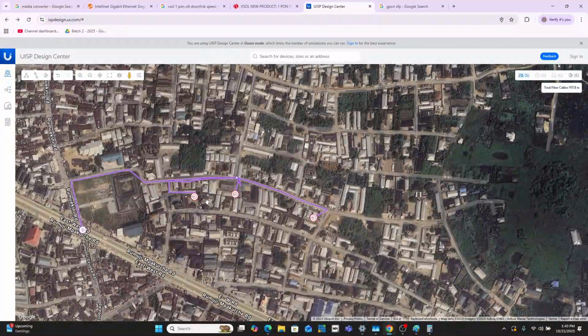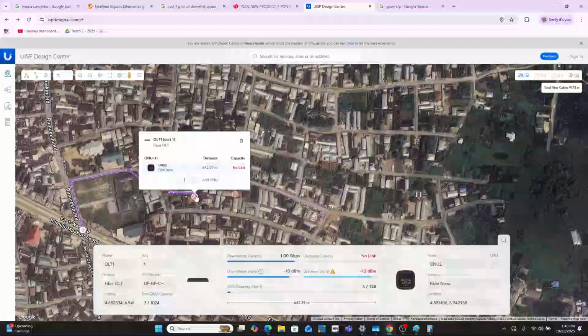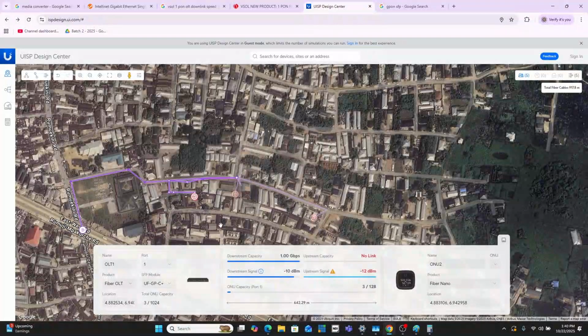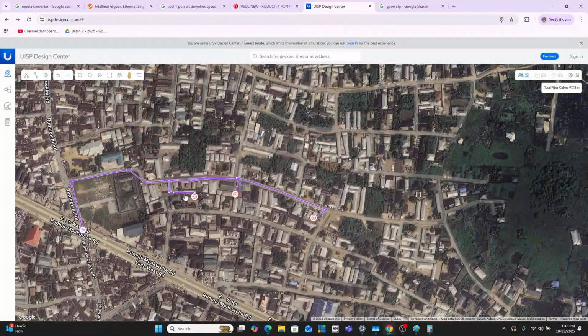Yes. Well, if you click on one of the customers, you will notice there's a problem. What's the problem? It's saying up here, no link. If we deploy this kind of network, it will not work in real life. Because what's the reason?